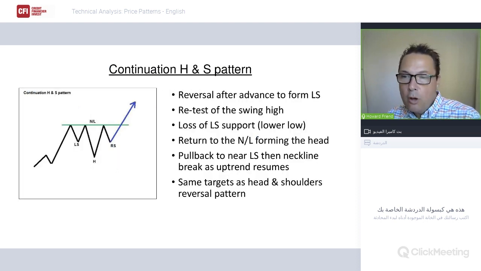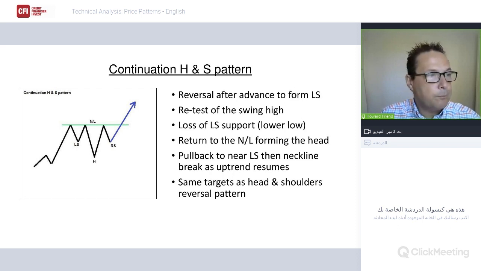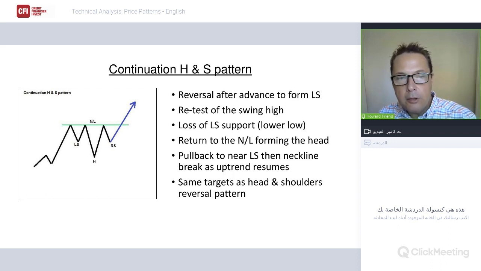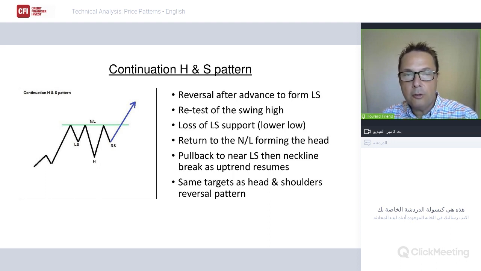Okay, worth mentioning the very rare, but it does occur sometimes, continuation head and shoulders pattern. So this one occurs during an uptrend. This is a bullish example. So the market is making higher highs and higher lows like this. Market pulls back, retests the high, but fails as in a double top. Then it breaks down through the support.